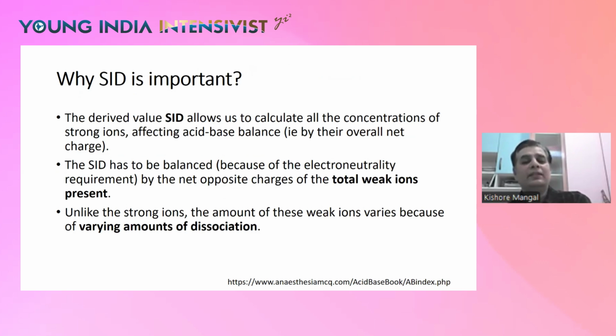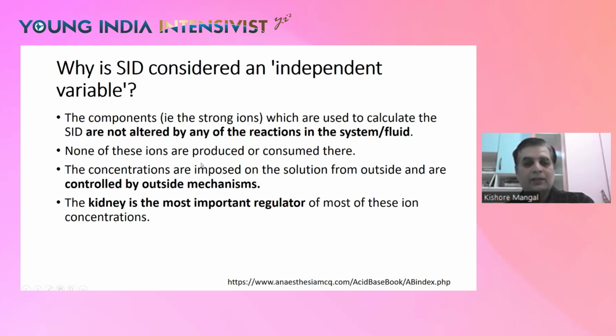So if the kidney is the most important regulator and it is outside the fluid, that is, it is not inside the cell or ISF or in the blood, then the changes in the SID are mainly regulated by the kidney, and it is to control the H plus ion level, as we had discussed previously as well.